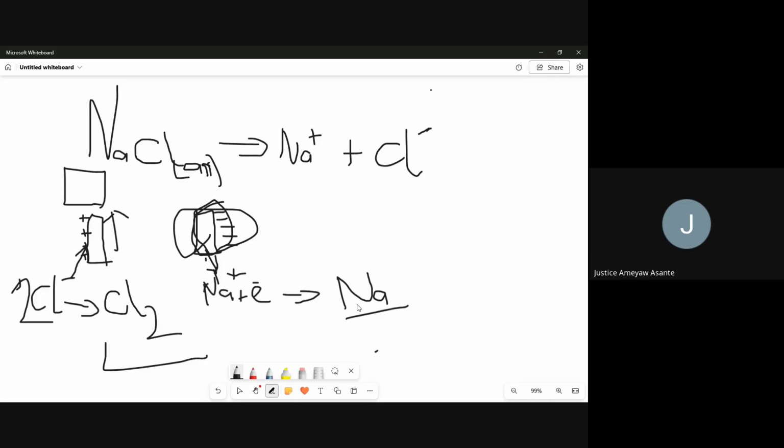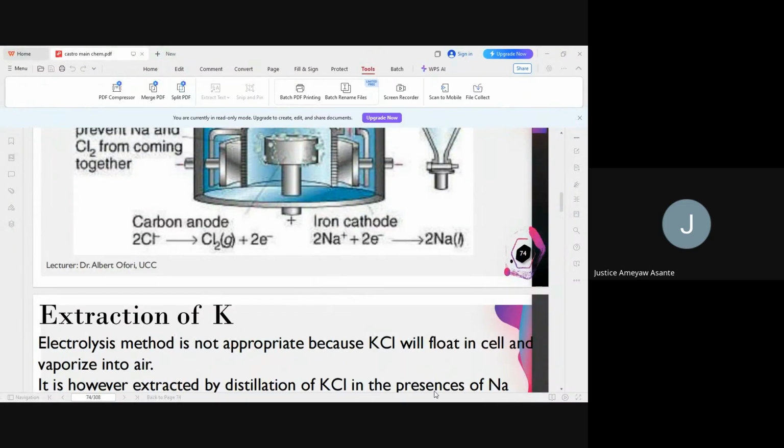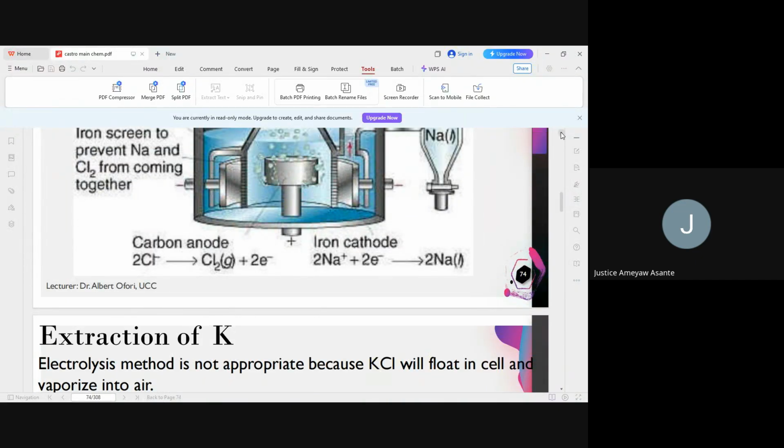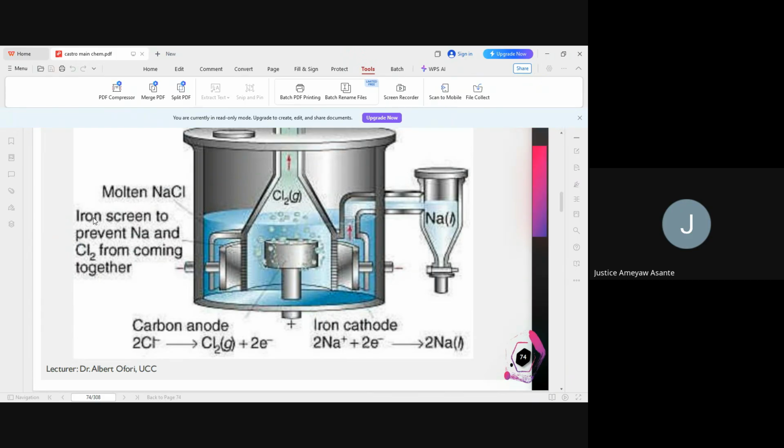So when you look at this device, the name of that device is what we call the Downs cell. In the Downs cell, you connect an electricity source, and the electricity passes through the molten ions. When it is passed through the molten sodium chloride, it separates it into chloride ions and sodium ions.